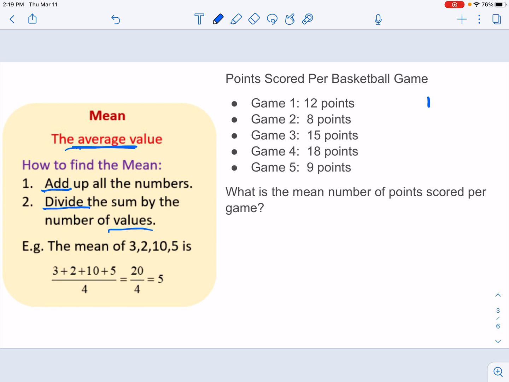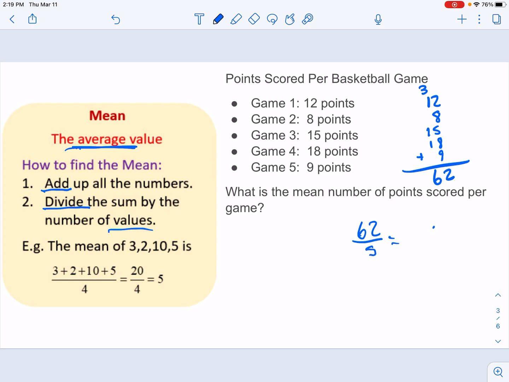So first we need to add the values together. So 12 plus 8 plus 15 plus 18 plus 9. And so we have 10, 15, 23, 32, 34, 45, so 62 points total. Okay, since we added 5 numbers and there was 5 games, we're going to do 62 divided by 5.